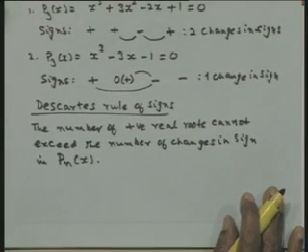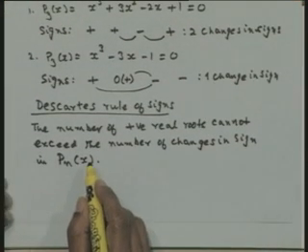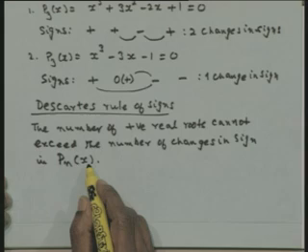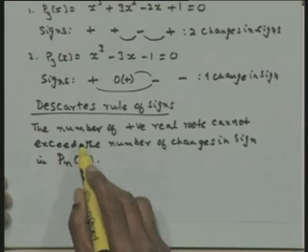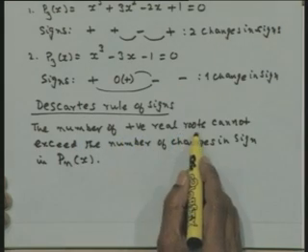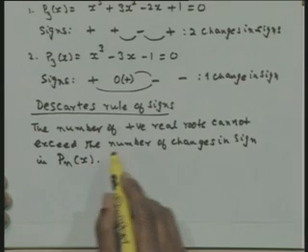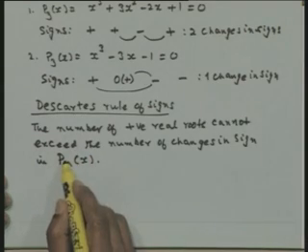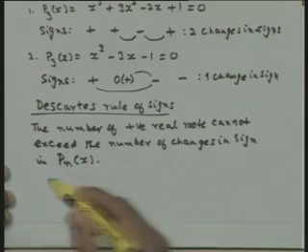Now I can do the same thing with Pn of minus x. Then I will have the conclusion that the number of negative real roots cannot exceed the number of changes in sign in Pn of minus x. So I can go for the negative roots.